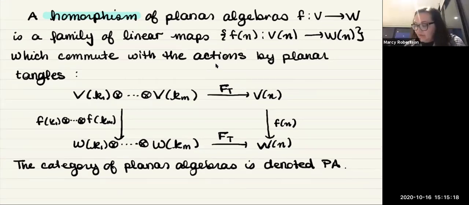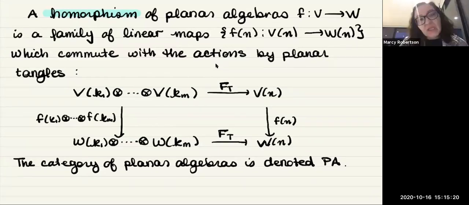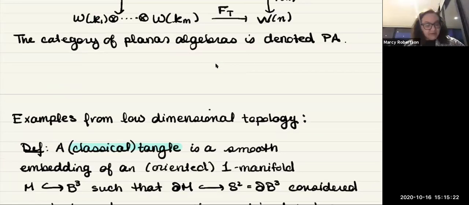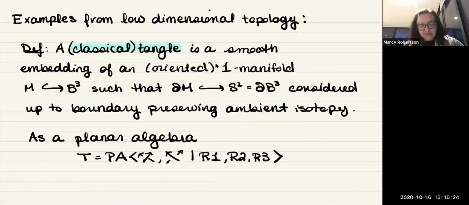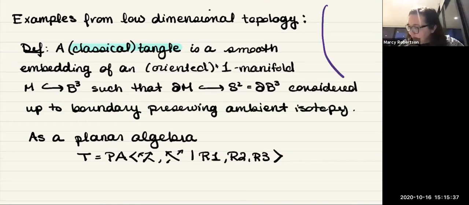All right, so here's an example from low-dimensional topology. It's not just algebras, but there's a way to think of classical tangles. Tangles themselves are a planar algebra. They have an algebraic structure. I believe this is also due to Bar-Natan, and I don't remember the year.